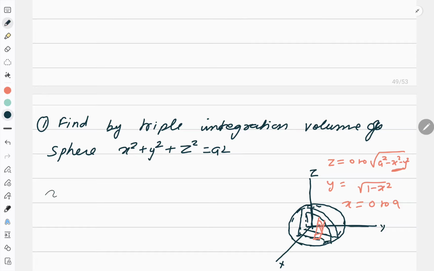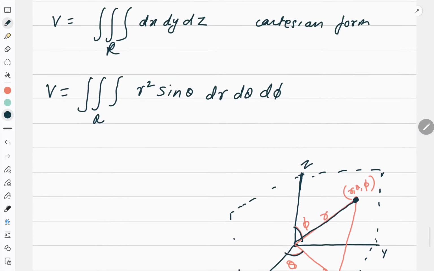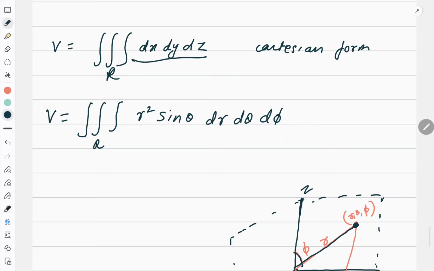In spherical coordinates, the volume is given by the triple integration of r square sine theta dr d theta d phi. Don't bother about how these two formulas are related. If you go back to your previous semesters, you have studied the Jacobian.